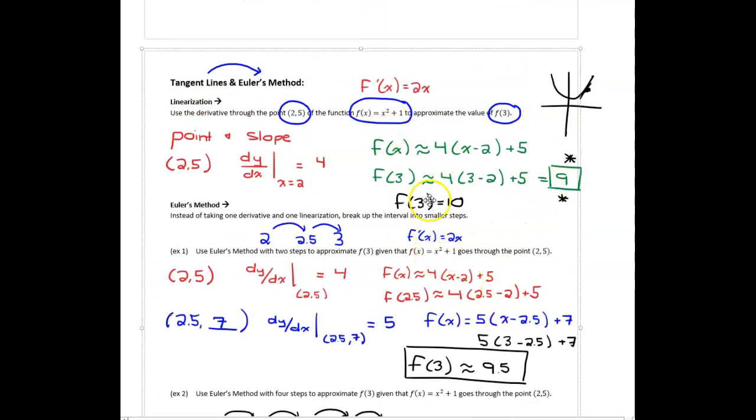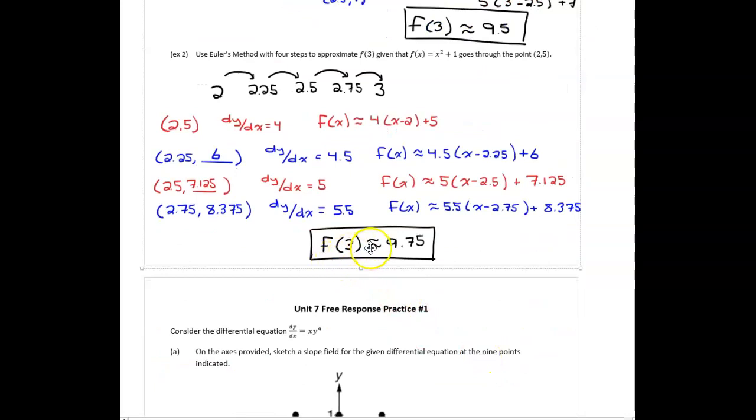With 1 step, we found that f of 3 is approximately 9, way, way too much of an underestimate. With 2 steps, f of 3 is 9.5, still an underestimate. And finally, f of 3 is approximately 9.75, still an underestimate, but fairly close to f of 3 equals 10.